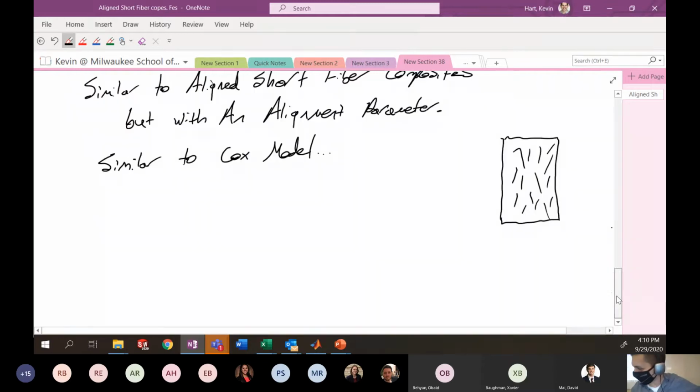So let's say we want to calculate modulus in the one direction, where we arbitrarily align the one direction. We have a bunch of individual fibers here, but we'll arbitrarily align this one direction. We'll talk about this in just a second.